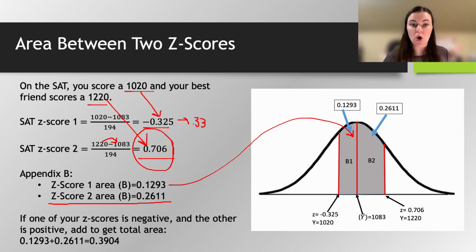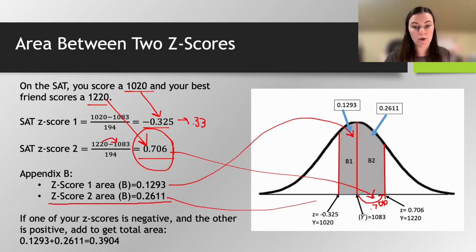But their z-score was also above average, meaning that they were a certain amount of standard deviations above the mean, and in this case, it was 0.706 standard deviations above the mean. And I know that because that was the calculated z-score right here. And so when I looked up that value on the standard normal table, I found that area B for our second score was 0.2611. So we can add both of these areas together to figure out what percent of test takers scored in between us.